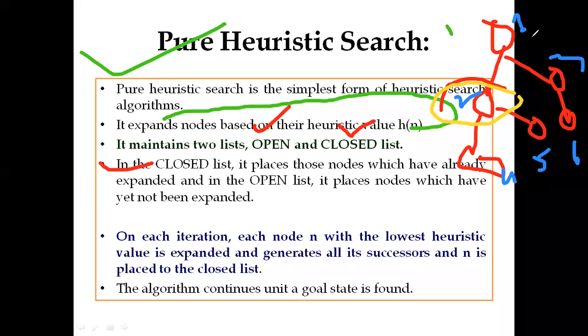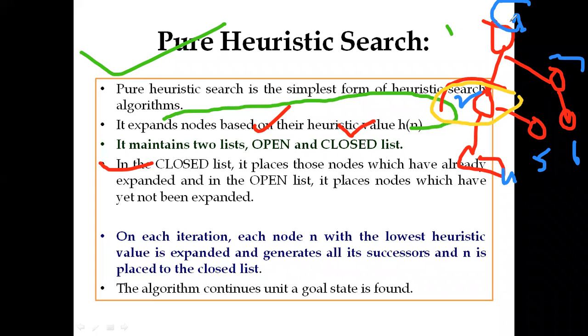Because I have generated the children of node 1, which are 2 and 3, and this is known as expanded. So node 1 has already been expanded.